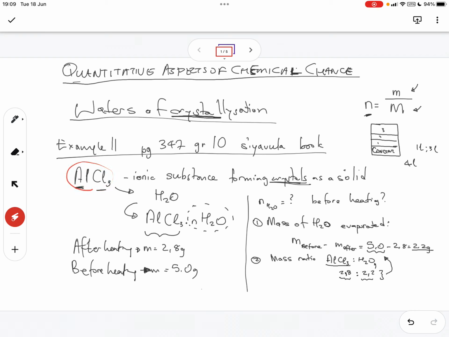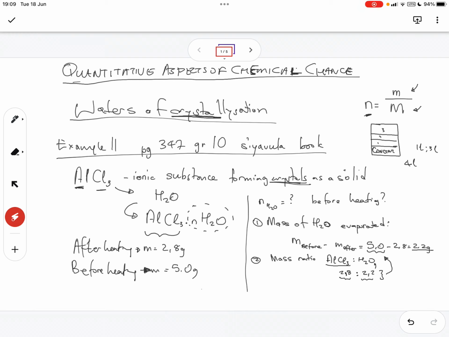For it to be crystalline, it normally has some amount of water in it so that it can exist in crystal form. That amount of water, we are going to learn how to calculate in the next steps. In the example, we start off with the mass of that substance that has water in it.